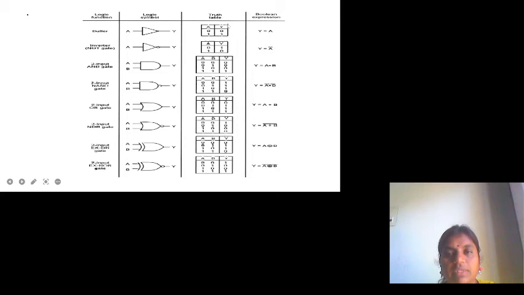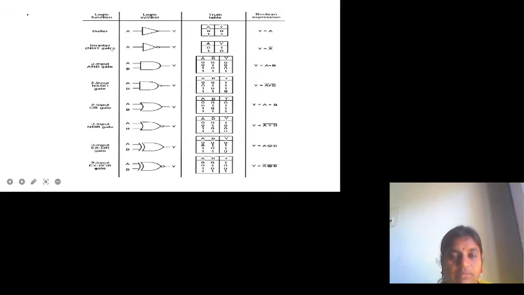The behavior of the particular circuit is represented as a simple buffer circuit, and the output response of the logic function in terms of a Boolean expression is represented as y is equal to A. So buffer means y is equal to A.